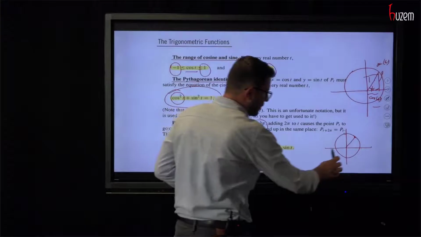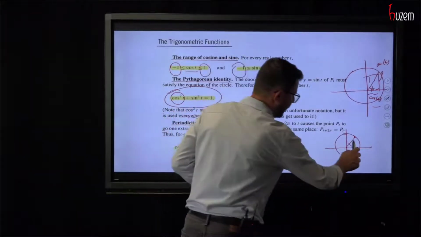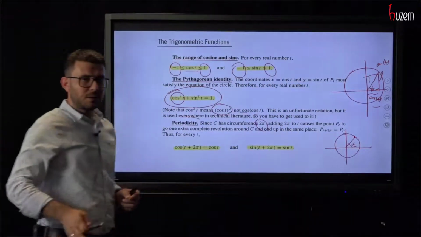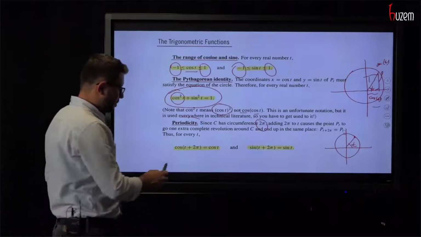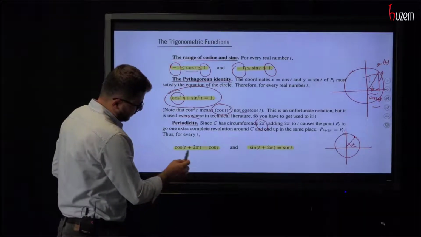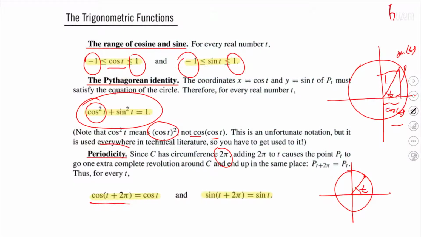So adding 2 pi to an angle will result in the same sine and cosine values. Instead of saying cosine of t plus 2 pi, we can say just cosine t. Similarly, instead of sine of t plus 2 pi, we can say sine t.